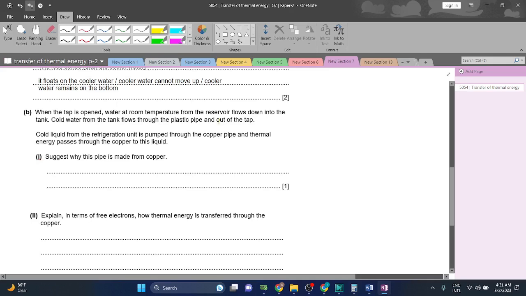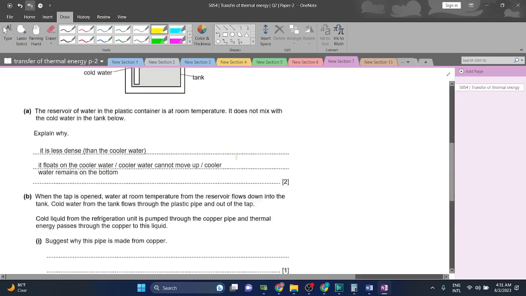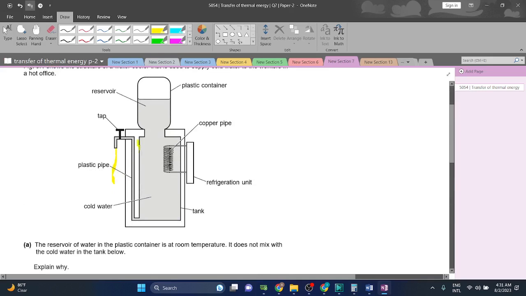Cold water from the tank flows through the plastic pipe and out of the tap. This is the plastic pipe, and this is the cold water which is going through the plastic pipe and out of the tap.